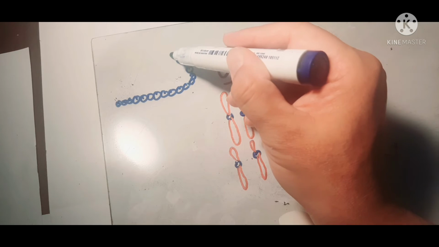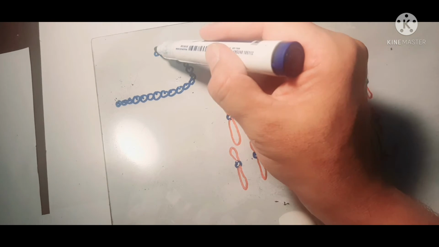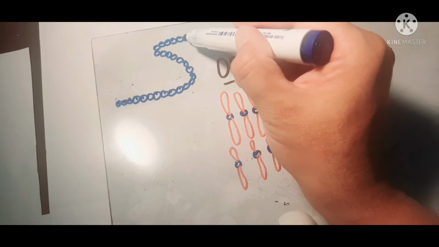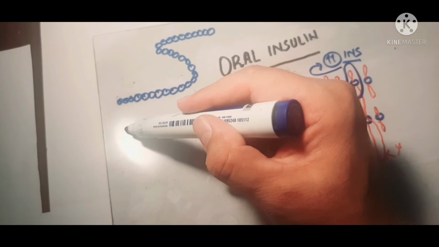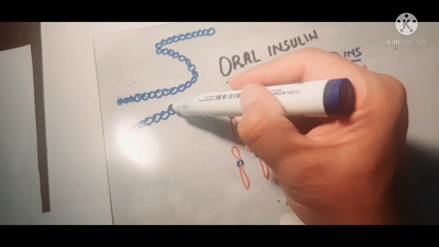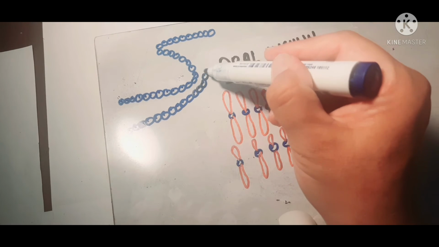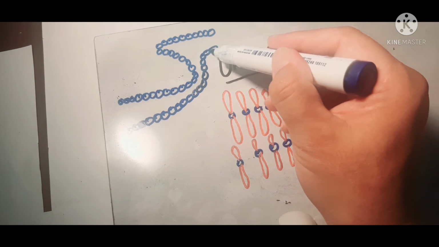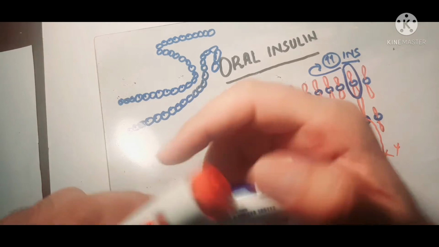As we discussed, insulin is composed of two chains. The beta chain, which is composed of 30 amino acids, and the alpha chain, which is composed of 21 amino acids.